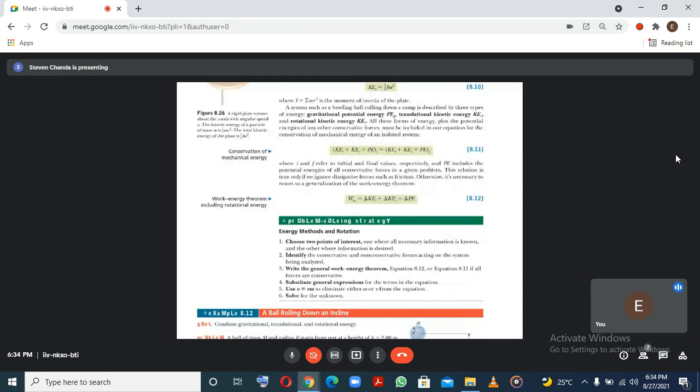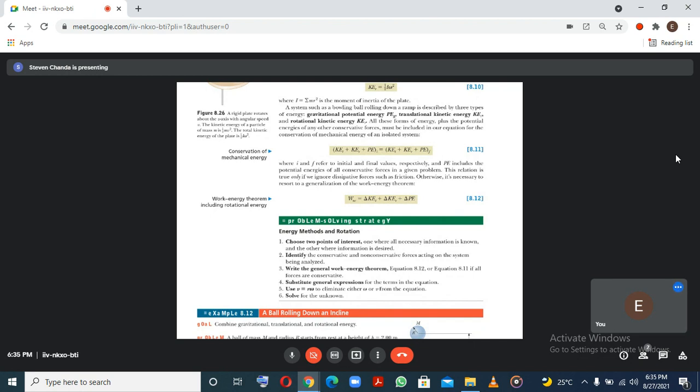So what did we say? When energy is conserved, meaning when there are no non-conservative forces, no friction and things like that, kinetic energy initial plus potential energy initial is equal to kinetic energy final plus potential energy final, right? We did that during work, energy and power.